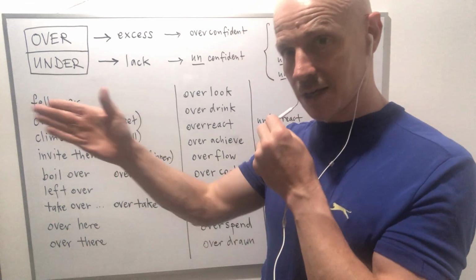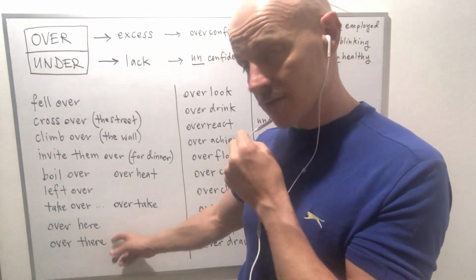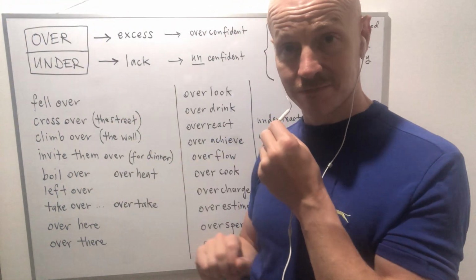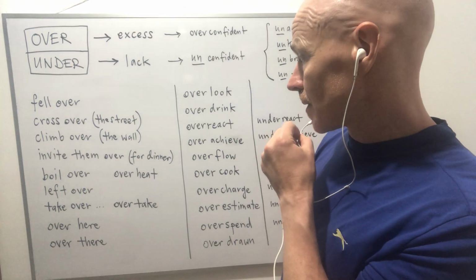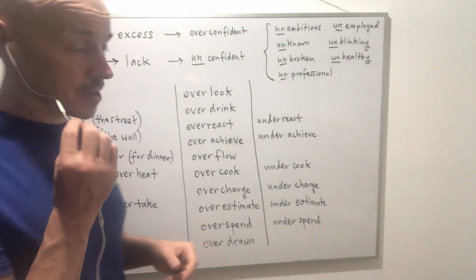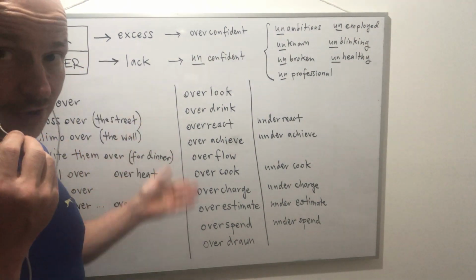So you're overtaking him. Yeah. And then of course the classic way we use this for directions, is over here, over there. Over here, over there. So over is a very well used word, really. We use this a lot. These are just a very small number of the examples.